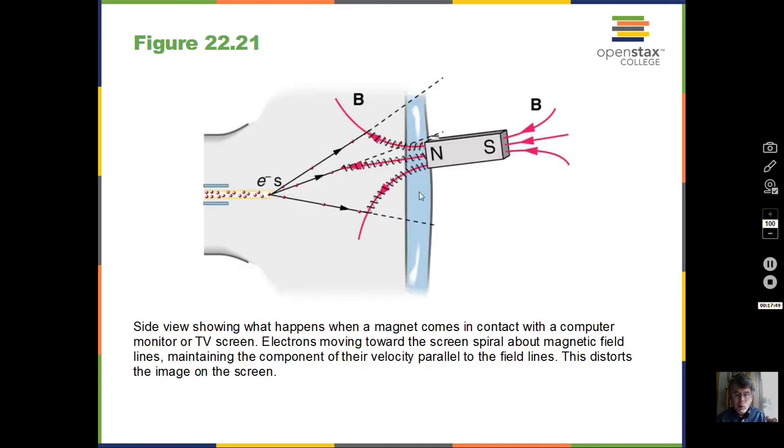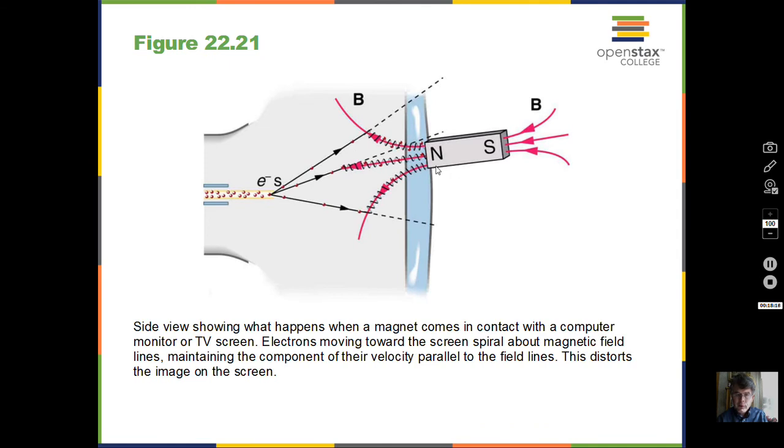Television screen, old type television that has an electron gun in the back, not a flat screen TV, but an older type TV or older type computer monitor. You should not really do this. We'll explain why, but if you take a permanent magnet near the front of that screen, that magnetic field will go through the glass and it will cause a force on the electrons and deflect the electron beam one way or another.